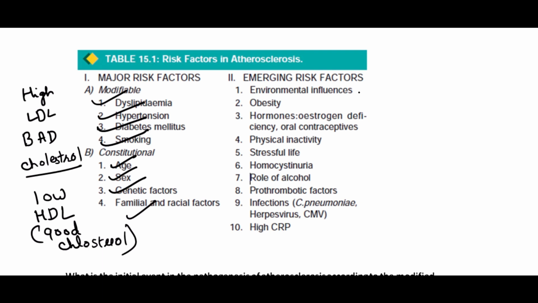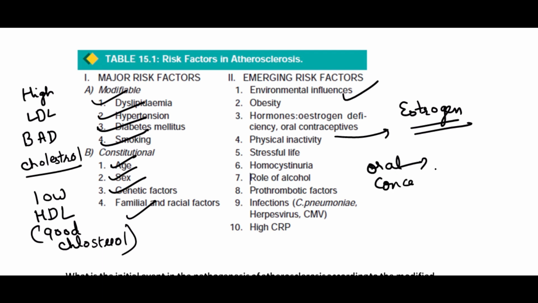Other are the emerging factors. They include the environmental factors like higher incidence in developed countries due to lifestyle and dietary factors. Obesity, being overweight, increases the risk. Hormones like estrogen deficiency. The postmenopausal women are at higher risk. Oral contraceptive use by women increases the risk.